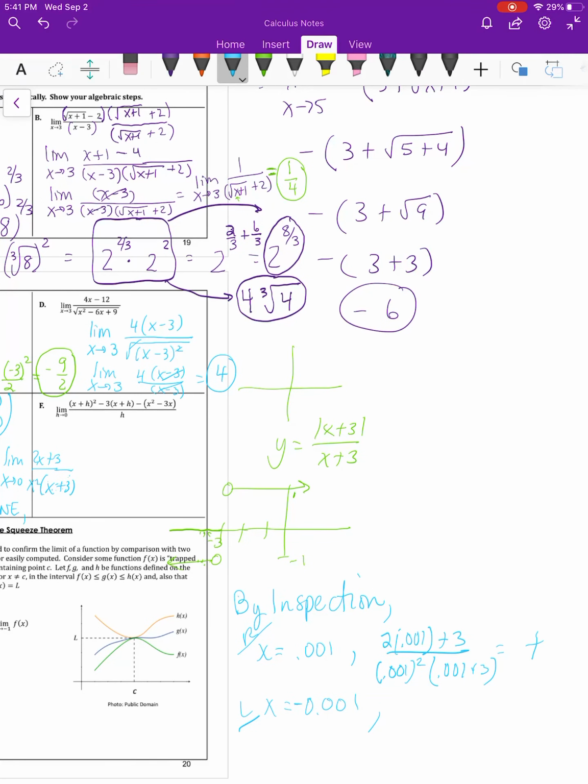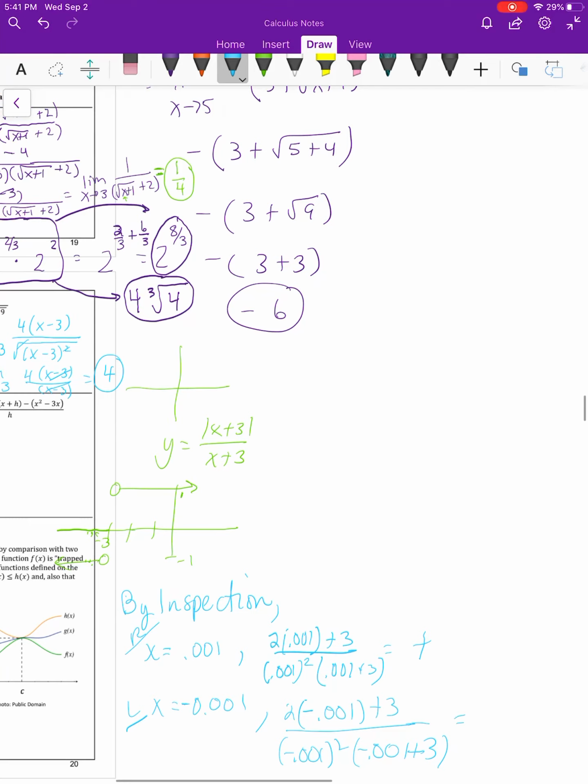And you can see that this is going to give you a positive value. And then this next one is 2 times negative 0.001 plus 3, divided by negative 0.001 squared, negative 0.001 plus 3. Excuse me.